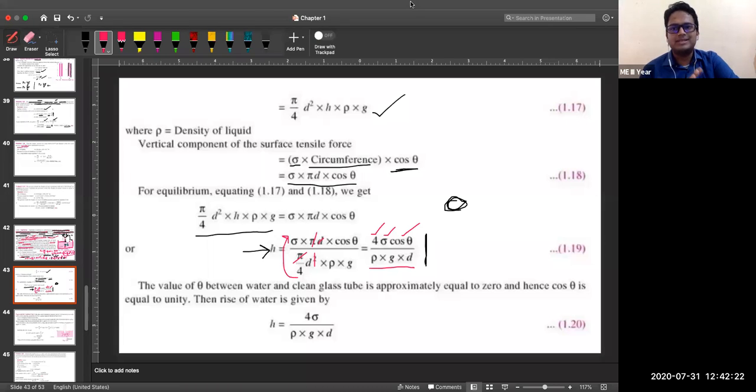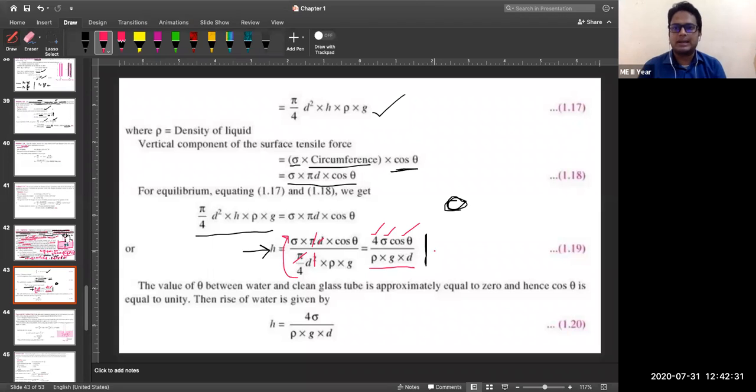For competitive examinations, you have to focus on unit number 1 and unit number 2 with great care. So this is the formula for capillary rise. Now all of you note down this derivation.